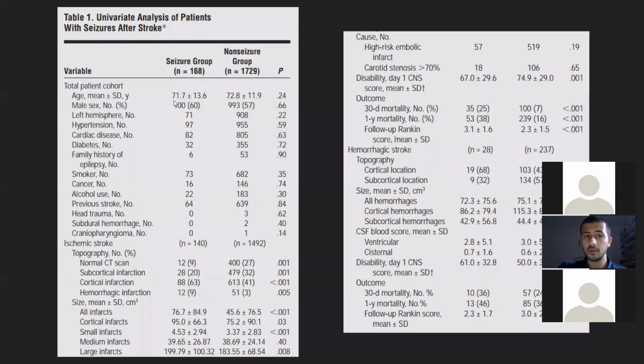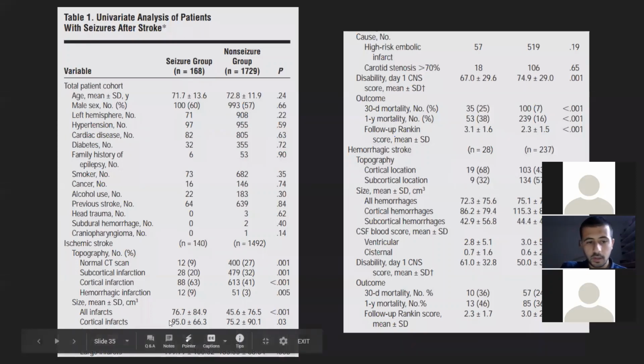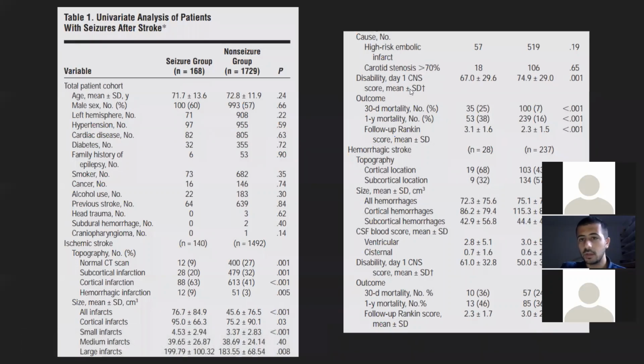Okay, perfect. Here we have another table, the mean and the standard deviation for two groups, the seizure group and the non-seizure group. When I put the standard deviation, I either put it in brackets or I put just plus minus. Here I have the same mean and standard deviation and so on, number and percent.